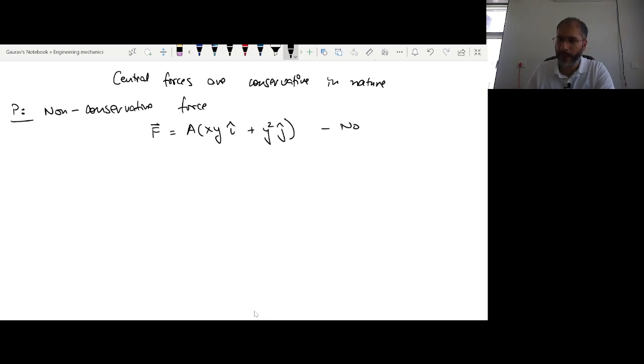There is no physical meaning for this force. It is simply a mathematical function given to understand how to calculate the work done for non-conservative forces. This is not a physical force, it is just an example.